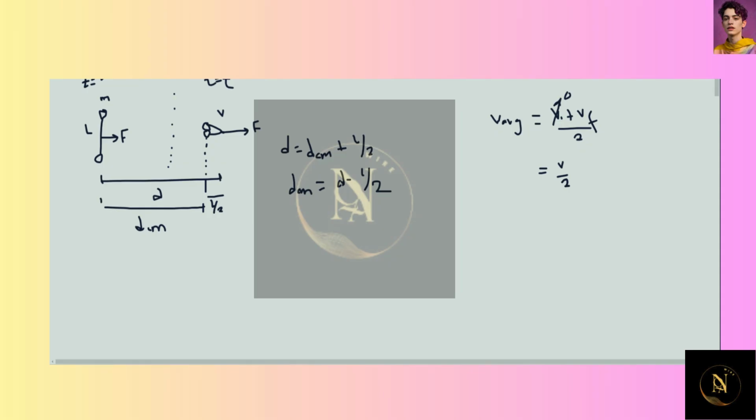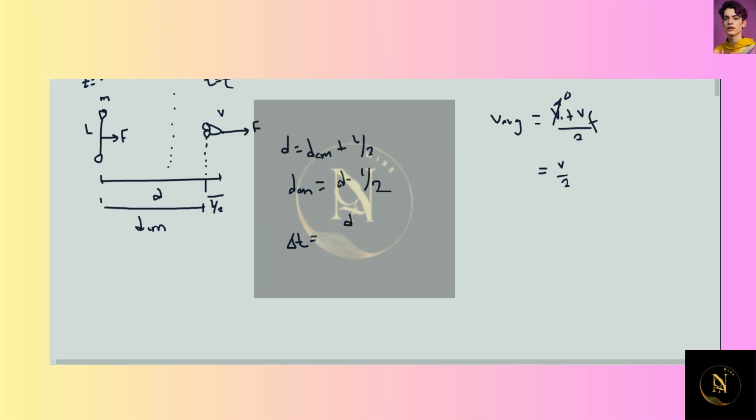So you have an average velocity and you have a distance traveled by the center of mass. So now we can calculate the time that it takes to do this motion. Notice that time is just going to be the distance over the speed that it's traveling at.